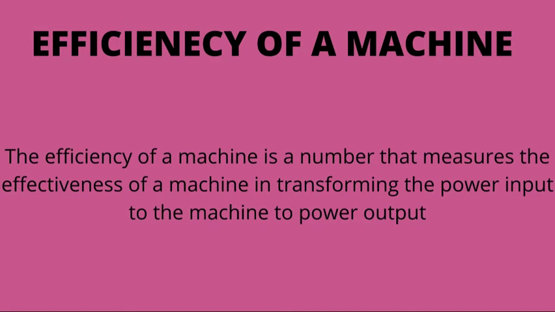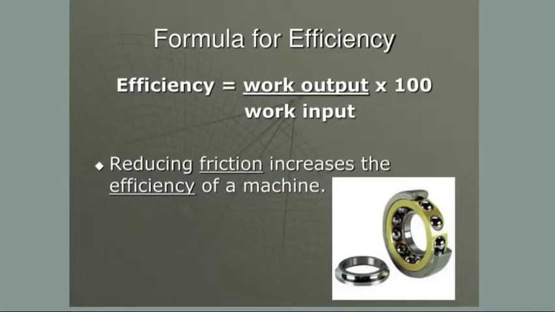And then we have the efficiency of a machine. The efficiency of a machine is a number that measures the effectiveness of a machine in transforming power input into the machine to power output. That means how well can your machine convert the effort you are putting into it to produce an output that is efficient, that is effective.